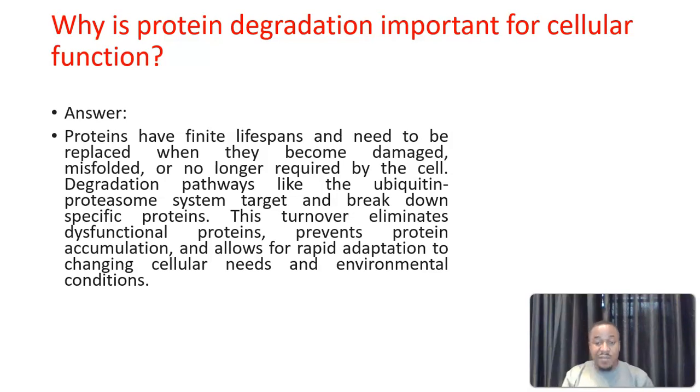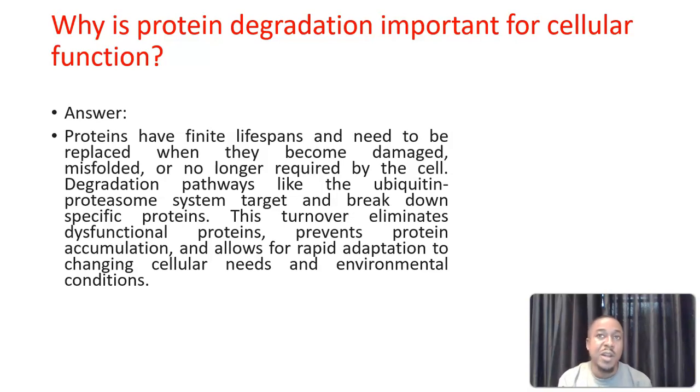The ones that are already available will be broken down into amino acids that can be used to produce glucose or ketone bodies. The ones used to produce glucose are called glucogenic amino acids, and the ones used to produce ketone bodies are called ketogenic amino acids.